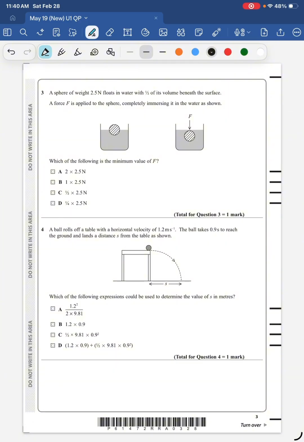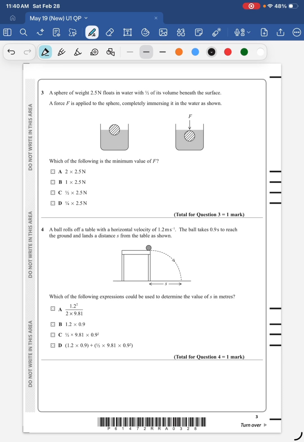All right, question 3. A sphere of weight 2.5 newtons floats in water with 1/2 of its volume beneath the surface. A force F is applied to the sphere, completely immersing it in the water as shown.